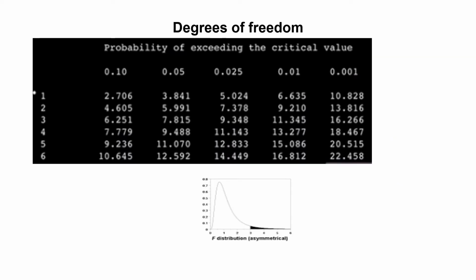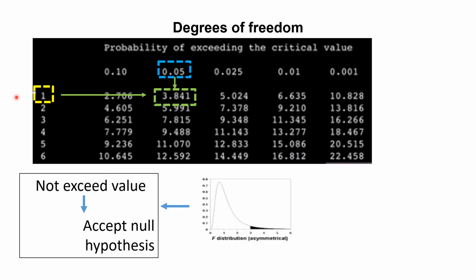If you remember, we have only 1 degree of freedom, and if you have a doubt about how we got that, you can go back in the video. We want to be 95% sure, so our critical value will be 3.8. If the value that we calculate with the formula does not exceed it, we accept the null hypothesis.